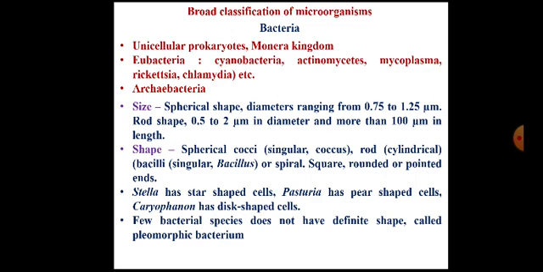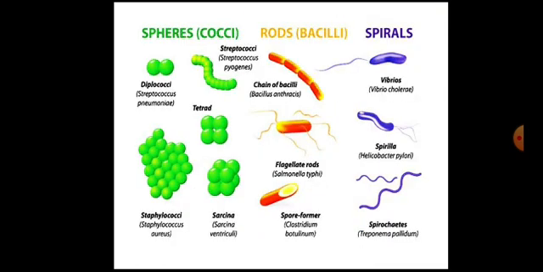These bacteria, or that shape, is called pleomorphic. These are the various shapes of bacteria. Spherical shape, that is cocci. This figure shows the arrangement.